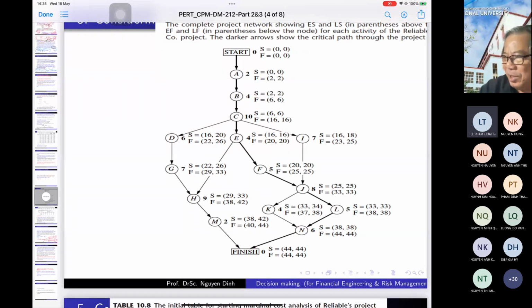Because I teach you this, you find out the critical paths anyway. No, we just find out one path from A, B, C, D, G, H, M, and finish one path. Another path A, B, C, E, and H, M, finish. A, B, C, or something like this. You list, and the longest is the critical path.